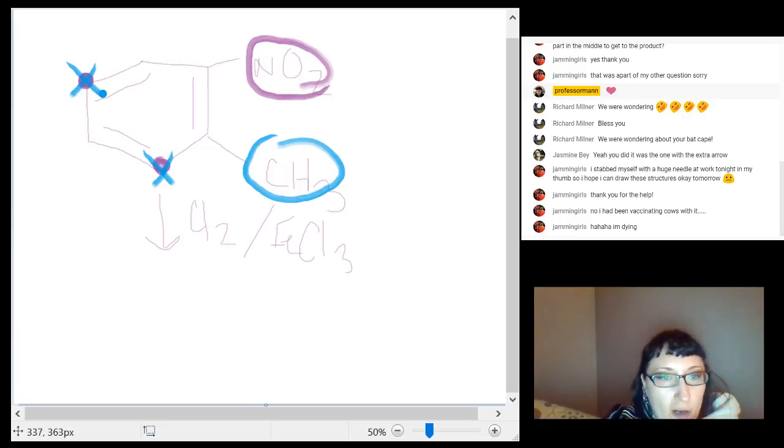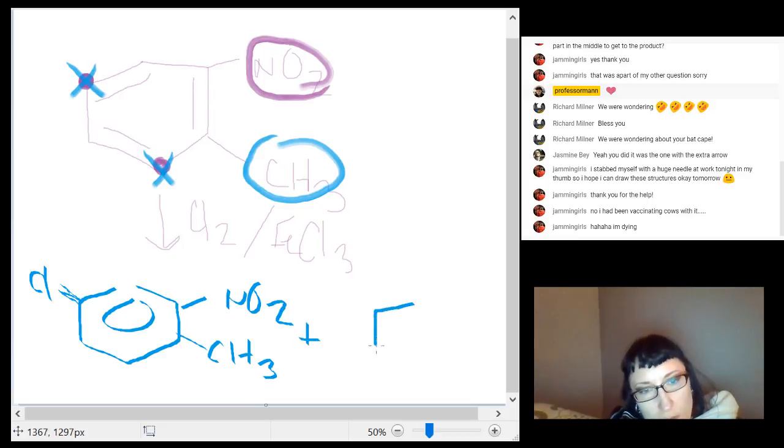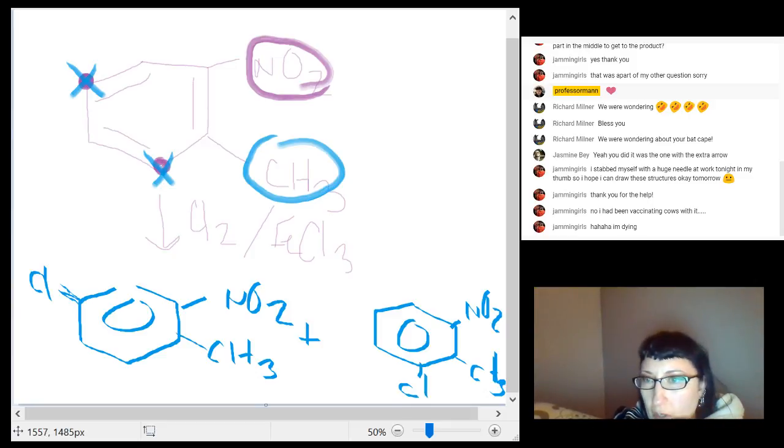And then that would be para to the methyl group. So then, would it make sense, my friends, if we got CH3 and NO2, that's supposed to be a Cl. Those should be the two products you would expect for that.